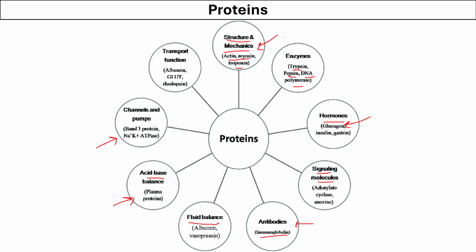They are also present on the membrane of your cell, and they act as channels or pumps or transporters in which they let only certain kinds of material enter your cell, because entry of every other kind of material inside your cell would be detrimental.